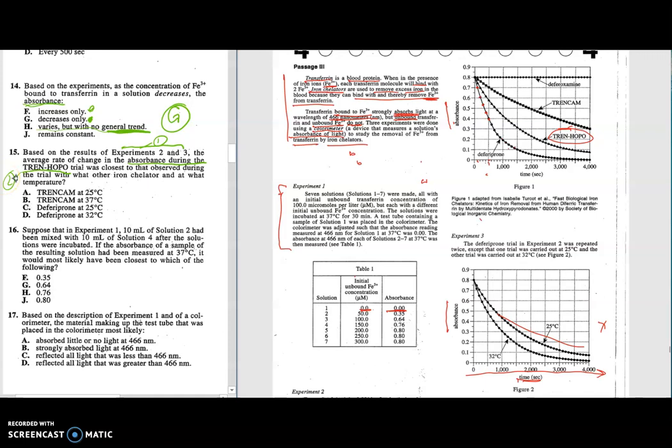Was closest to that observed during the trial with what other iron chelator and at what temperature? So it's basically saying this line here, what's it closest to? In experiments, this is experiment 2, so we're looking at figure 1 was experiment 2 and figure 2.